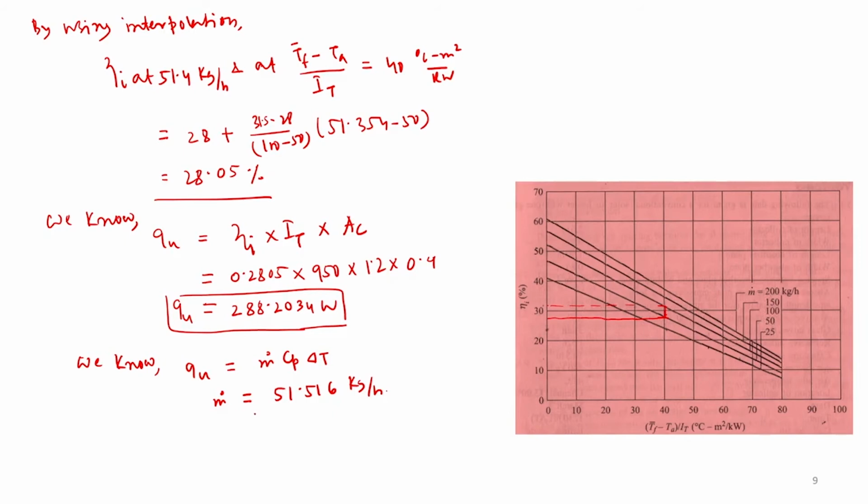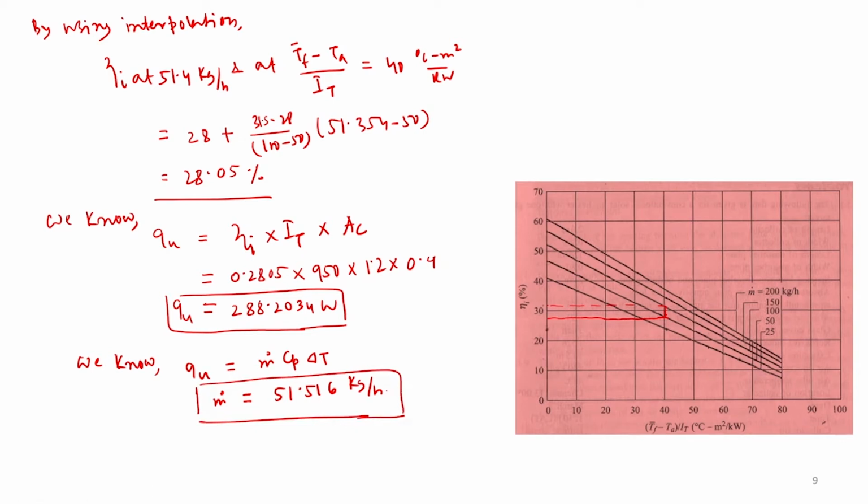The m dot assumed earlier is equal to 51.354, which is very close to this value, right. So, we can accept this value as the solution to the problem, right.